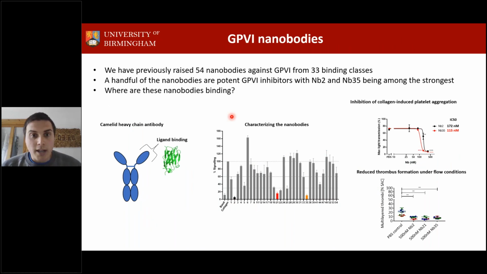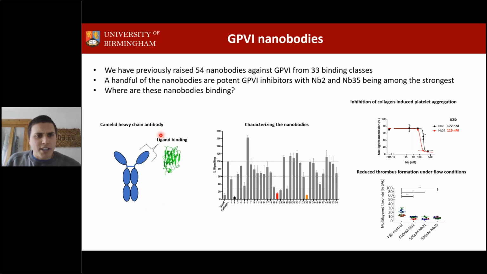So this is where I came in, back in 2018, and we had just raised a series of nanobodies against GP6. Nanobodies are single domain antibody fragments derived from camelids, and they have the same specificity and binding affinity as full-length antibodies, but they're about 1/10 the size.